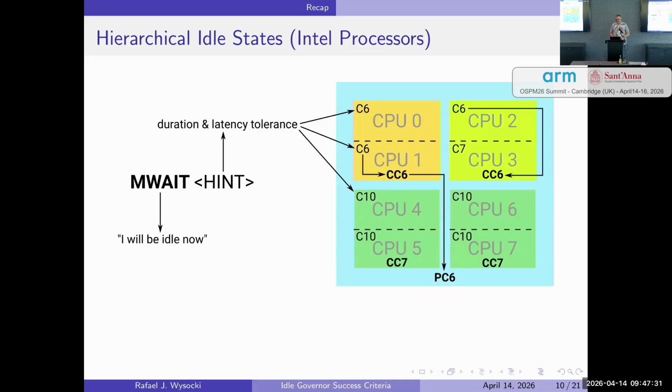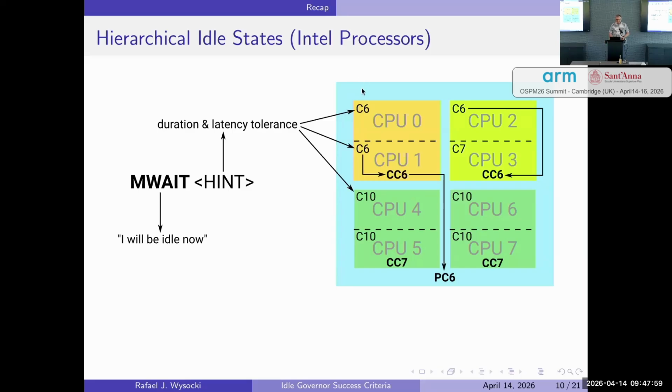So let's get back to this. So there is this hierarchy. The C number tells the processor how far it can get, and obviously the exit latency that we put into the idle states table must reflect the worst case exit latency that can happen.